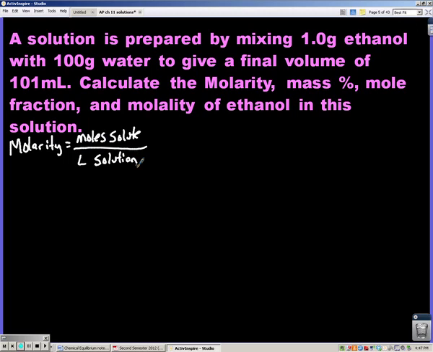So although they gave me grams of ethanol, I'm going to have to convert it to moles of ethanol. If you've forgotten what the formula for ethanol is, draw it out. So eth is 2 carbons. If it ends in OL, then it's an alcohol. And so we have C2H5OH.